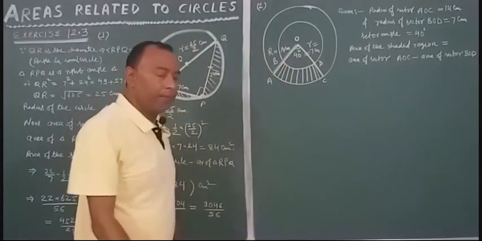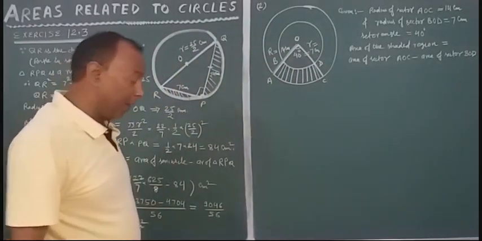The area of a sector is theta upon 360 into pi r square.